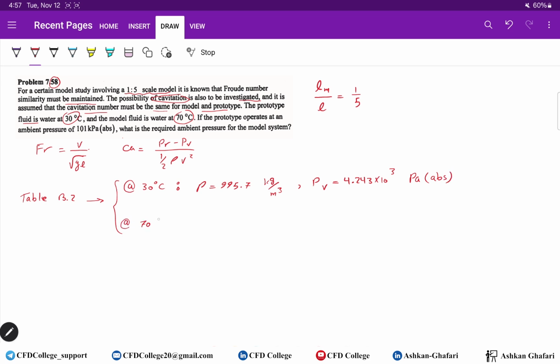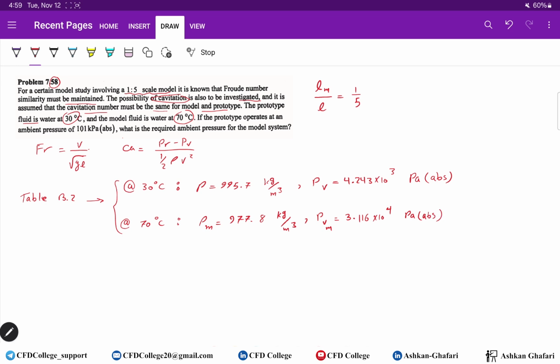At 70 degrees centigrade, density of the water in the model is 977.8 kilograms per cubic meter, and vapor pressure of the model is 3.116 times 10 to the power 4 Pascal absolute.